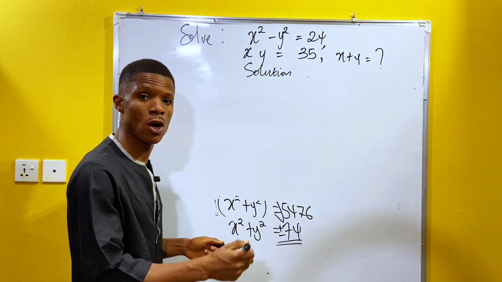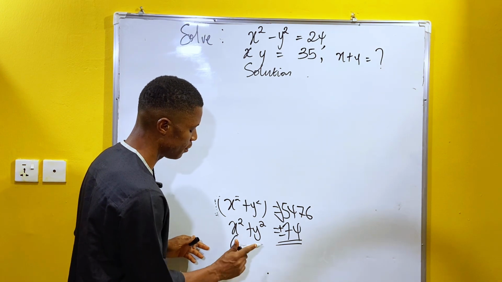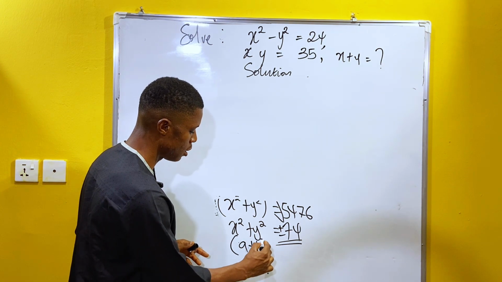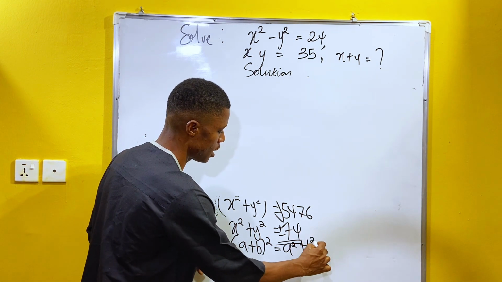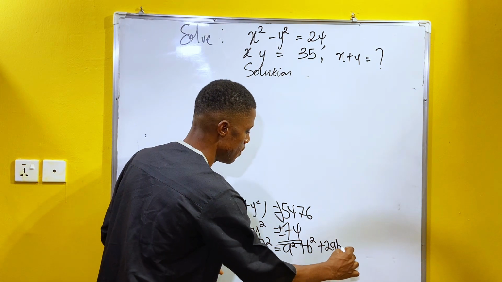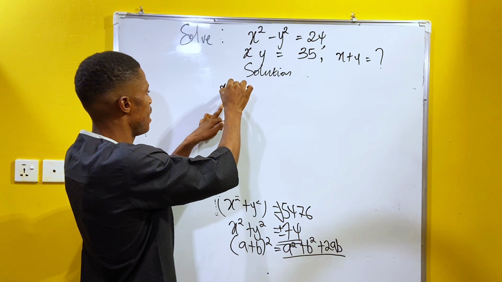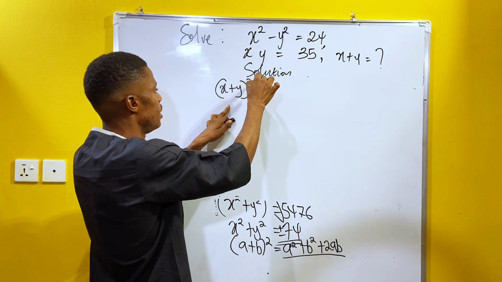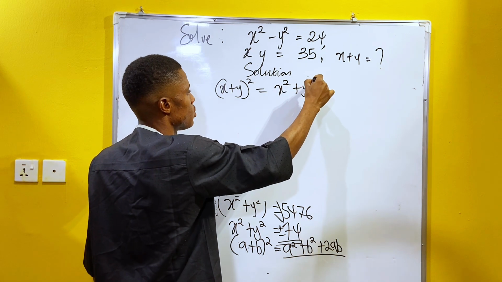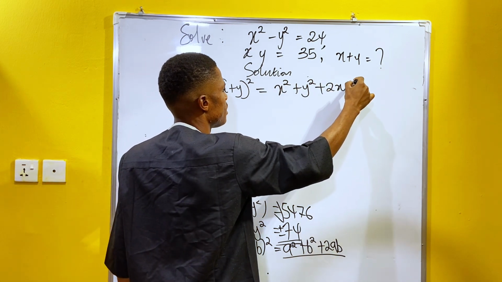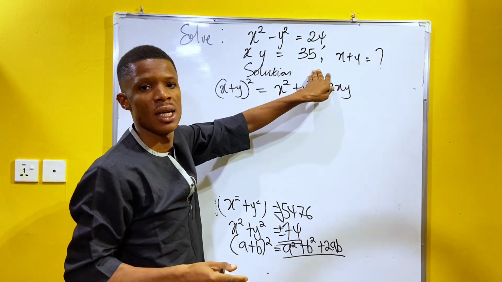But from here, you can recall that in our expansion, a plus b all squared is the same thing as a squared plus b squared plus 2ab. So we can now use this, meaning that x plus y all squared is equal to x squared plus y squared plus 2xy. Remember that xy has already been given to be 35.